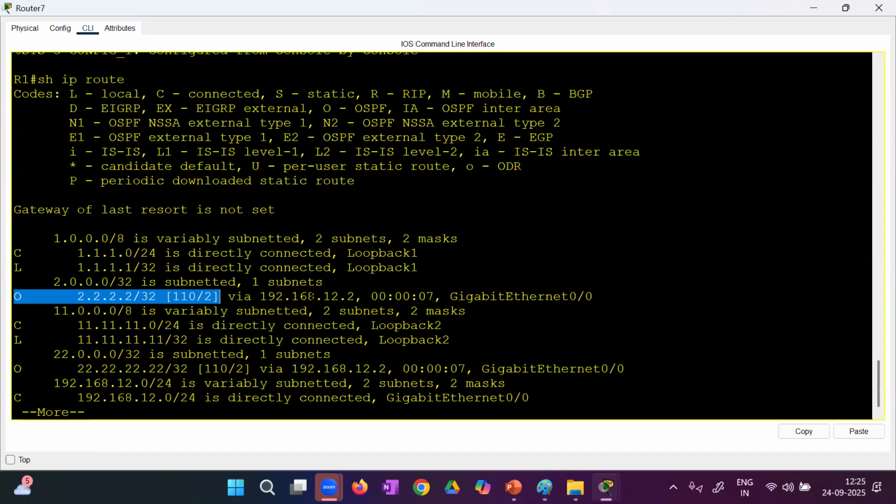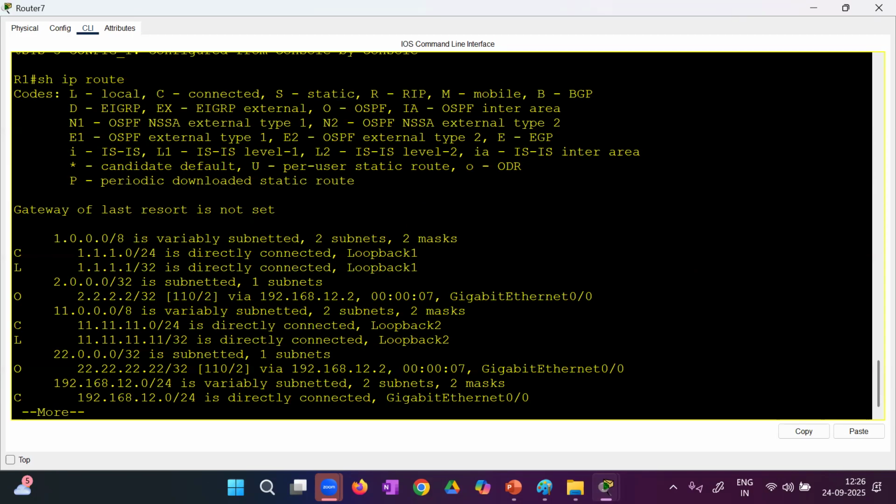Because in OSPF we have one network type called loopback, and for loopback interfaces it will always consider it as /32, because for a loopback it considers one IP. That's why it maintains a /32 value.